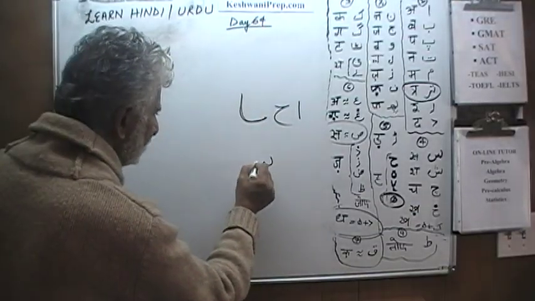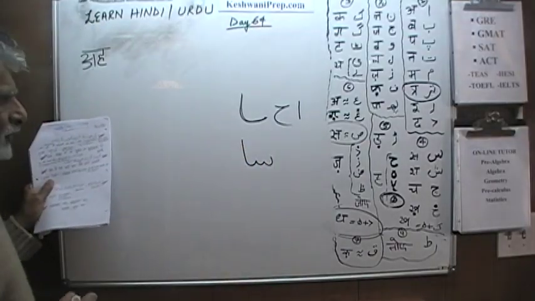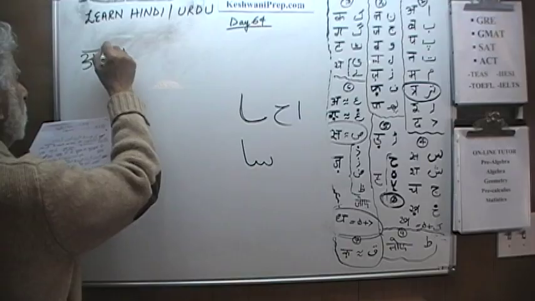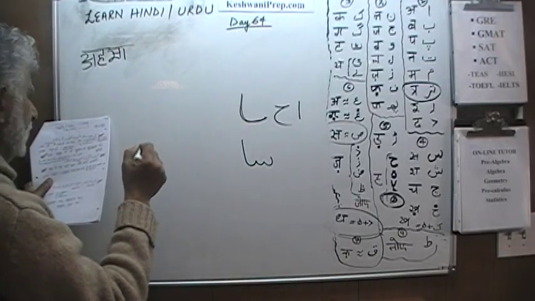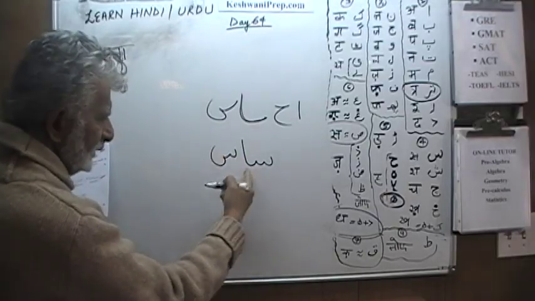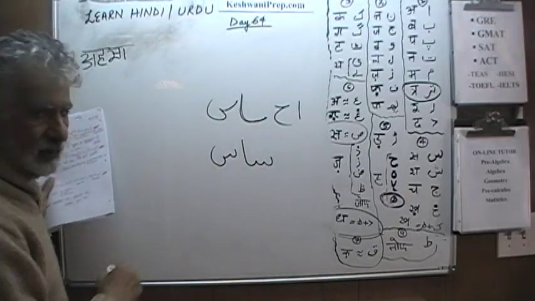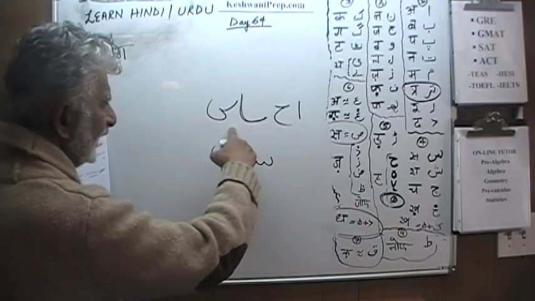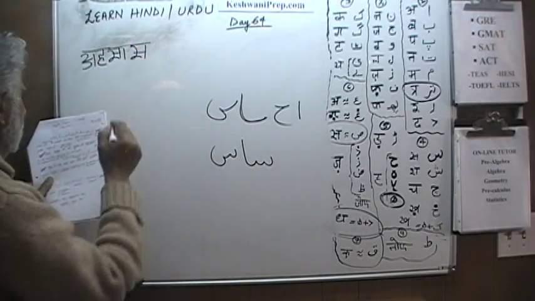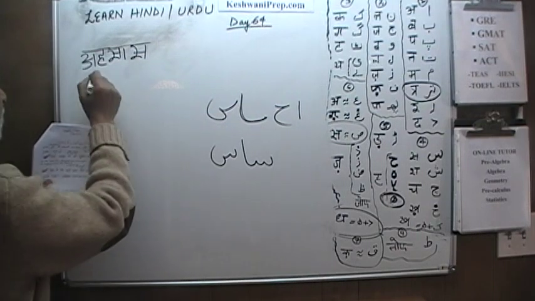What I just wrote here is so, and then alif, sa. But that's how you see it sometimes. There's another so, that also says sas, just like this one. What does ehsas mean? Ehsas means feelings.